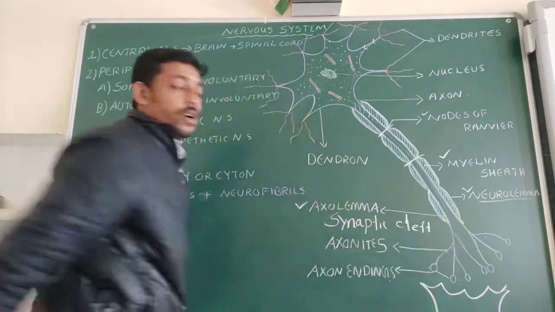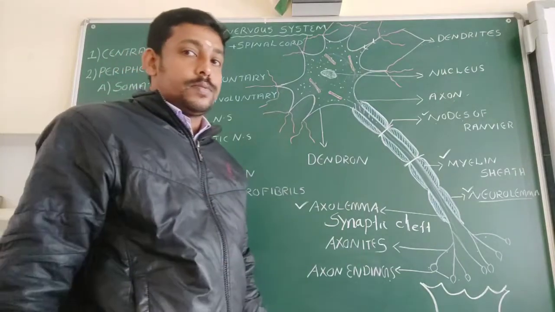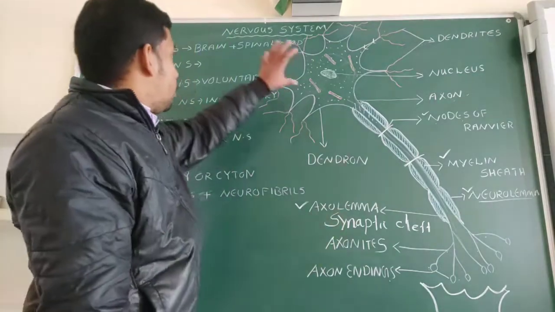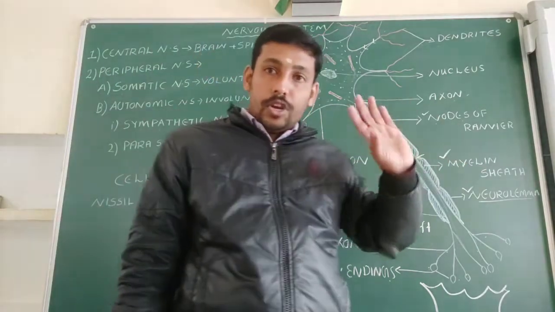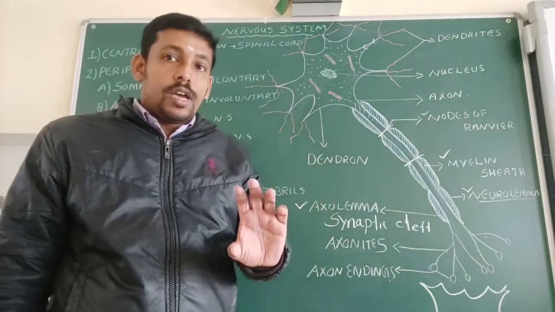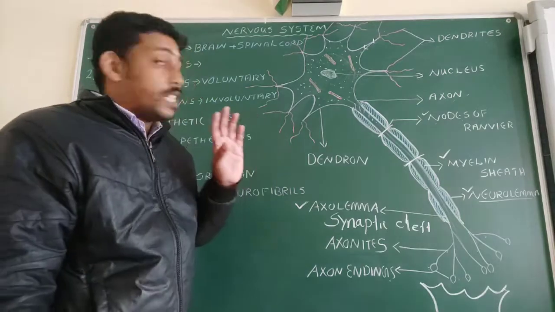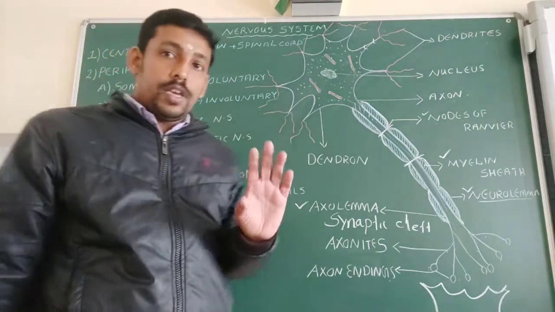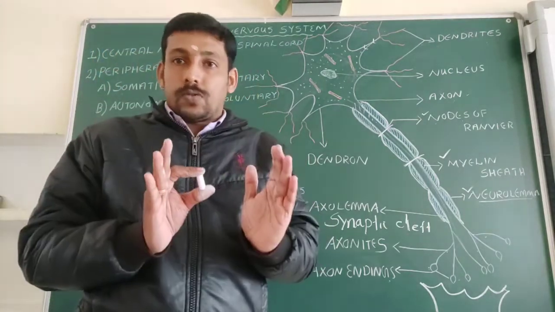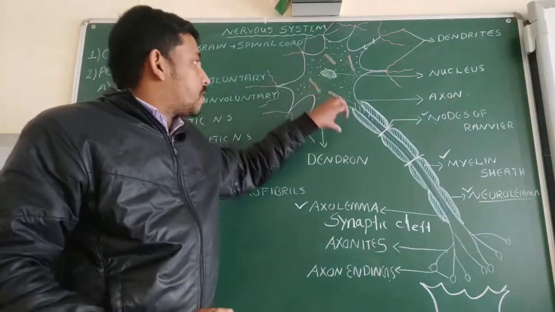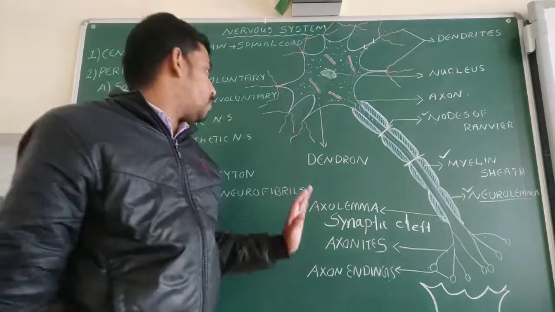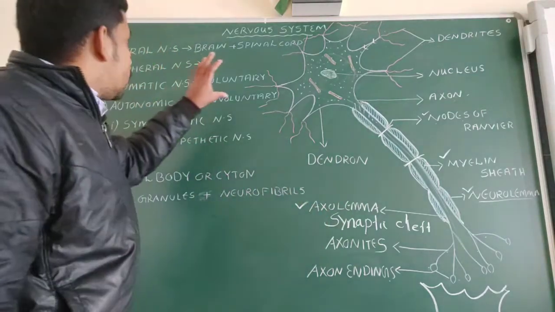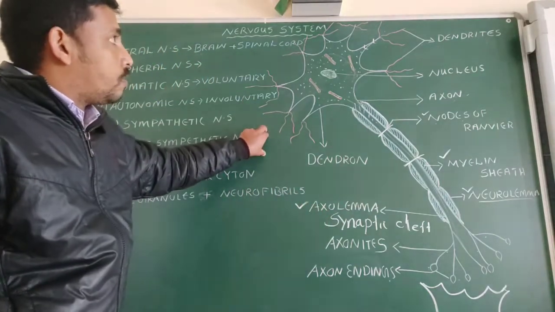So that is all about the structure of the nerve cell, the neuron. The nerve cell does not have a centrosome, because it cannot divide. There is no further division. So these are the structures of the neuron.